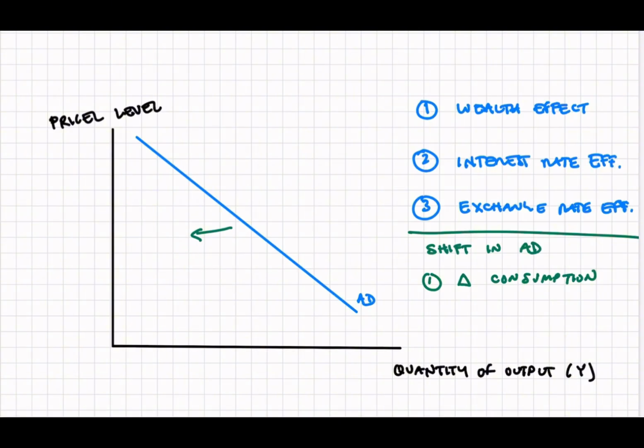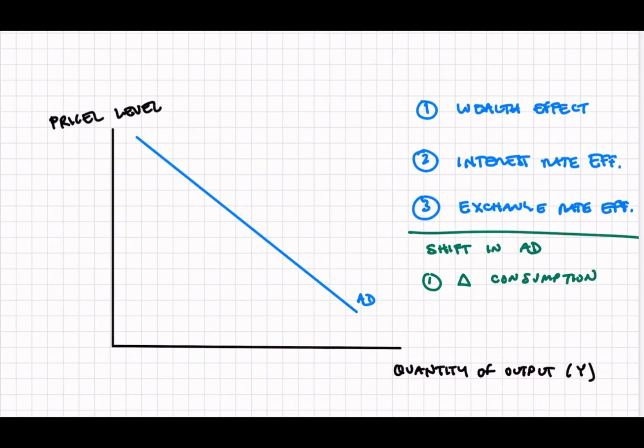Well, that is a possibility. However, if the firms are also uncertain about the future, they might be less willing to invest. So it might cause a small shift back. You might see an increase slightly in investment, but it wouldn't bring the aggregate demand curve all the way back. So overall, changes in consumption will lead to a decrease in the aggregate demand curve.